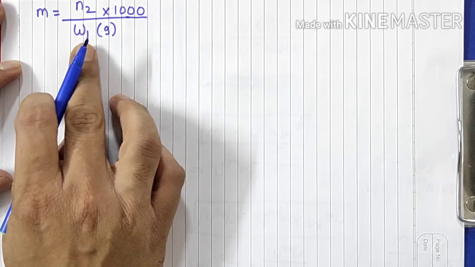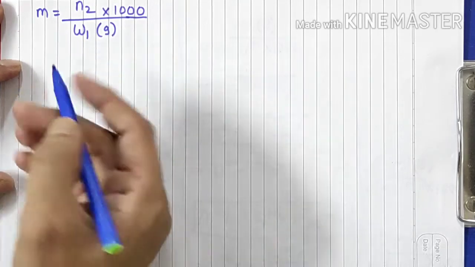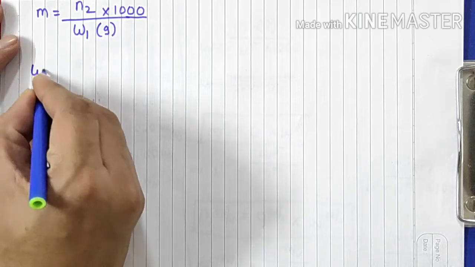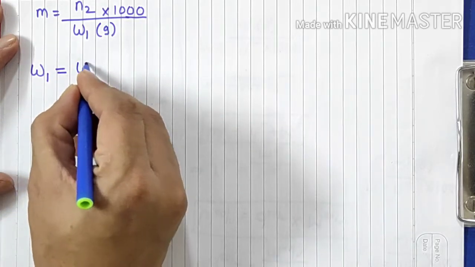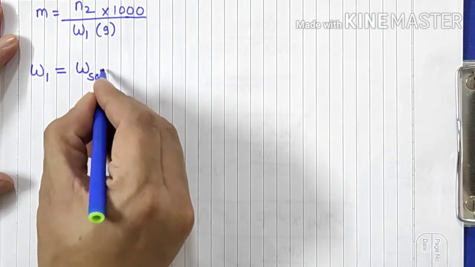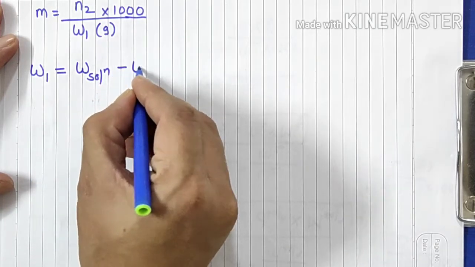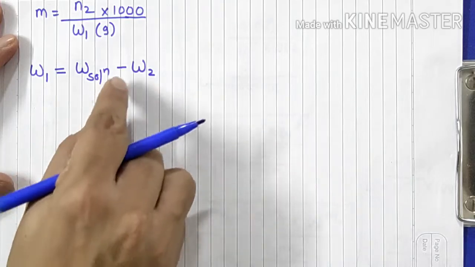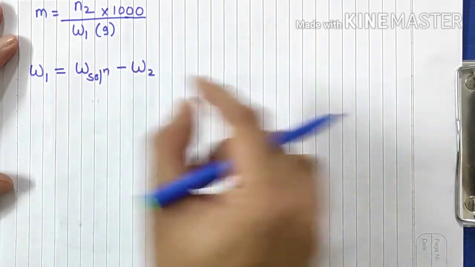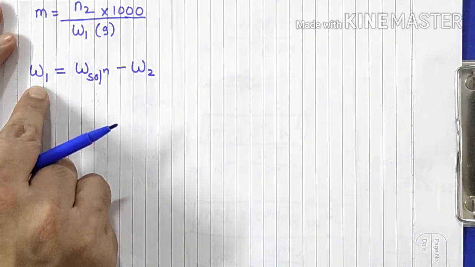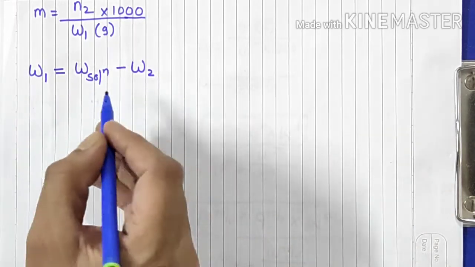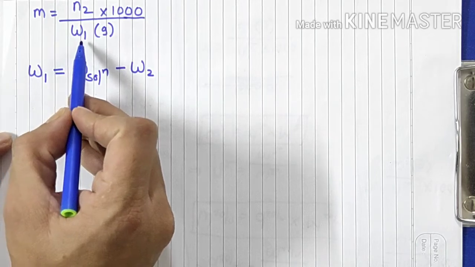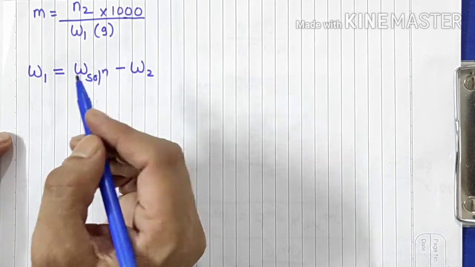Weight of solvent W1 is equal to weight of solution minus weight of solute. From a solution, if I remove solute, what will be left is the weight of solvent, right? Now this is what we require in this formula, W1, right?